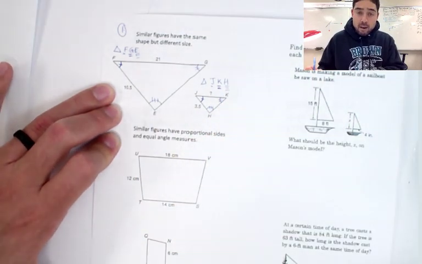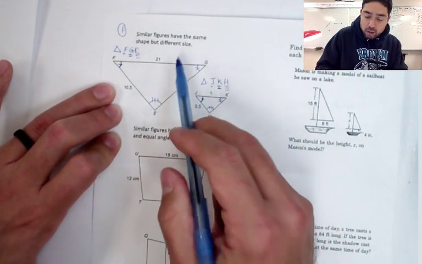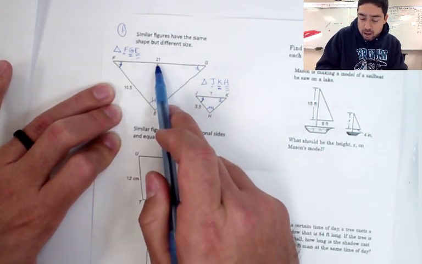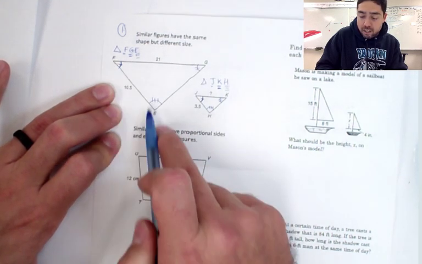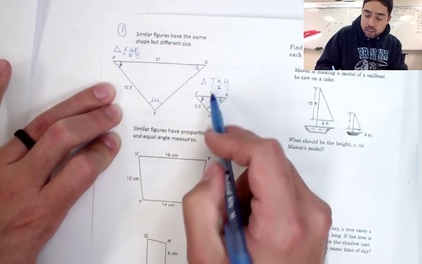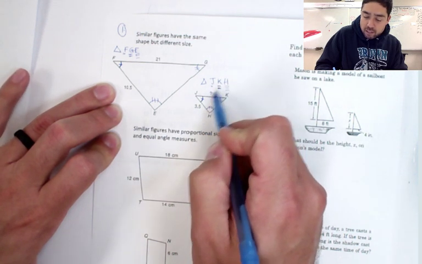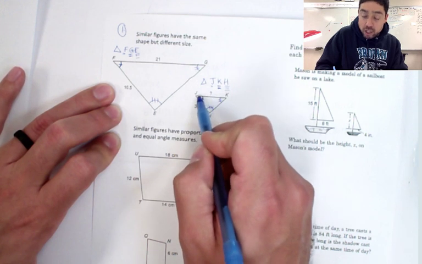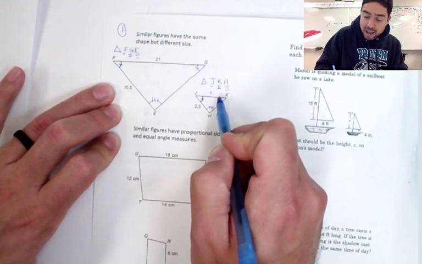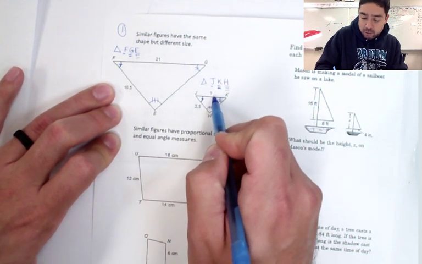Now from there, this triangle gives us the length of side FG and the length of side FE. The smaller triangle JKH, they give us the side length of JH, but we're missing JK. So our task here is to figure out the length of JK.